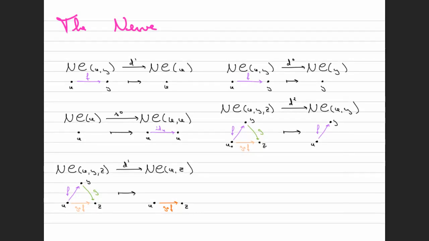This map just takes this edge and includes it here. Similarly, we have the inclusion of the edge XY into here, that's the map D2, which is just the inclusion like this, and so on.